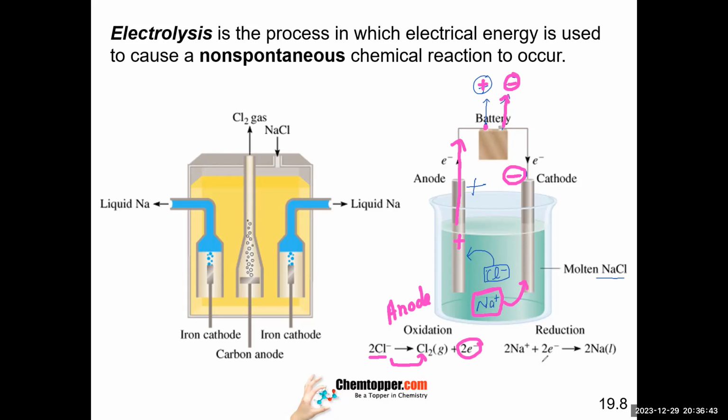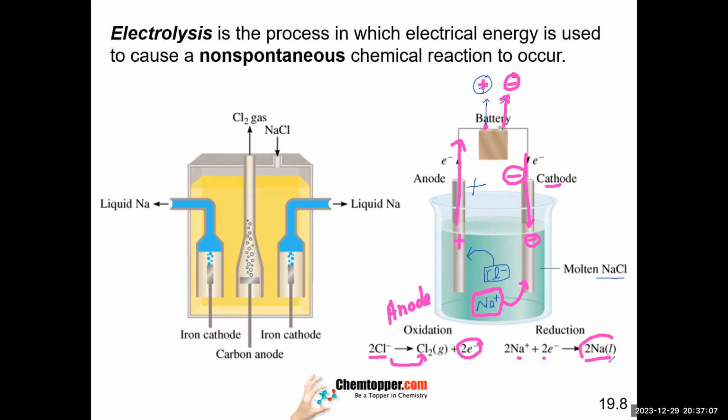Na plus will go there and it will take electrons from the cathode. Cathode has negative charge. It's full of electrons. So it will take electrons and it will get reduced. And that's how the splitting of NaCl to sodium metal and chlorine gas is happening in this electrolytic cell.